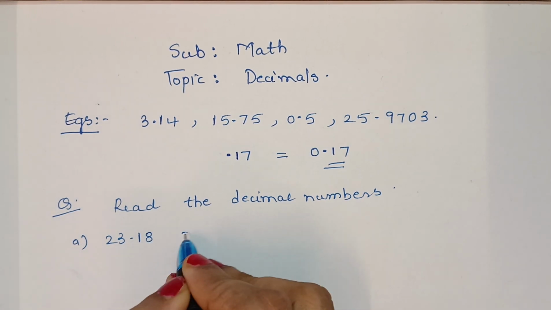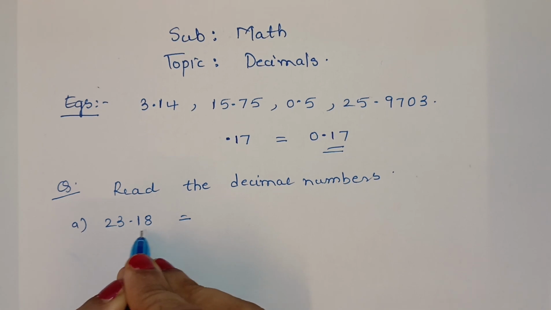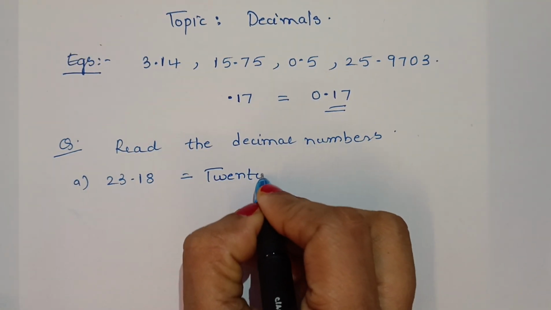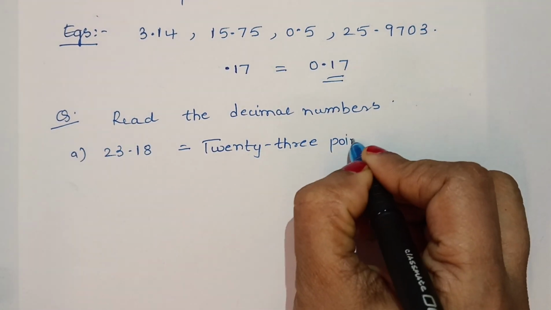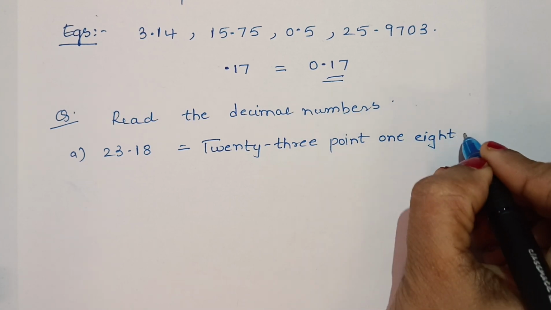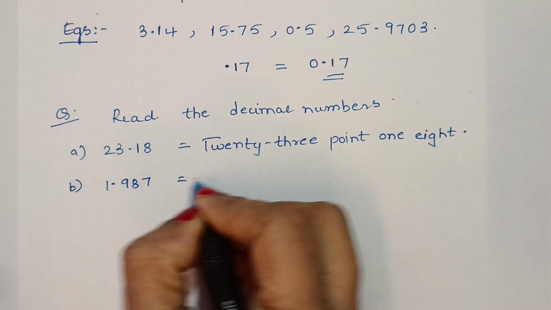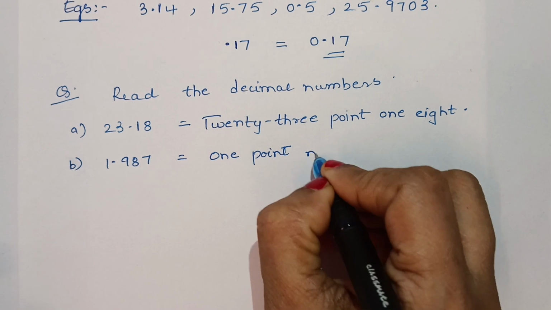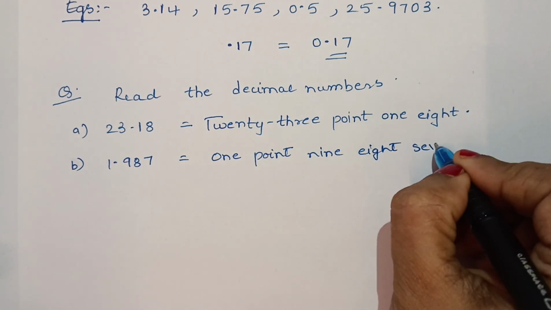Just write in words the whole number, the decimal point, and this is called the fractional part. For example, 23.18, and 1.987.